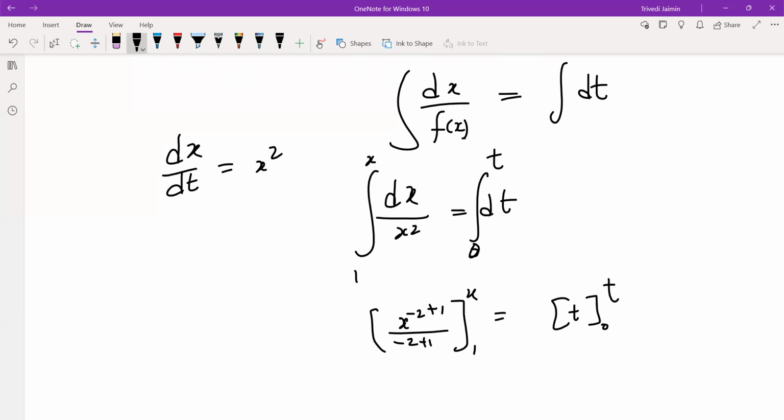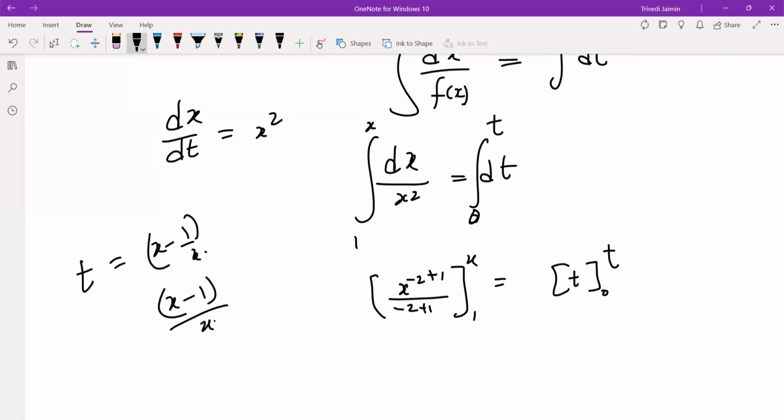Any problem? I got t is equal to x minus 1 by x. T equals x minus 1 by x, the whole thing by x. X minus 1 by x. So what's wrong in this?